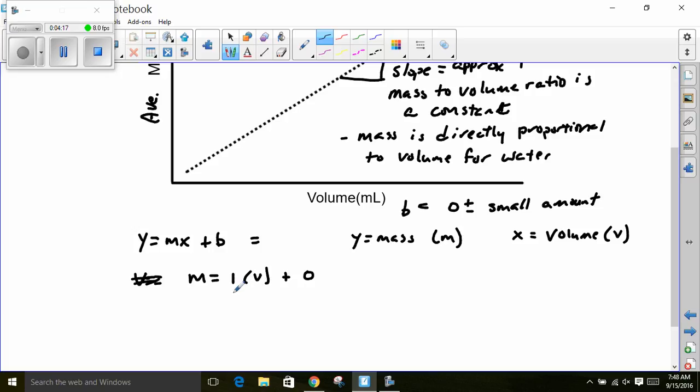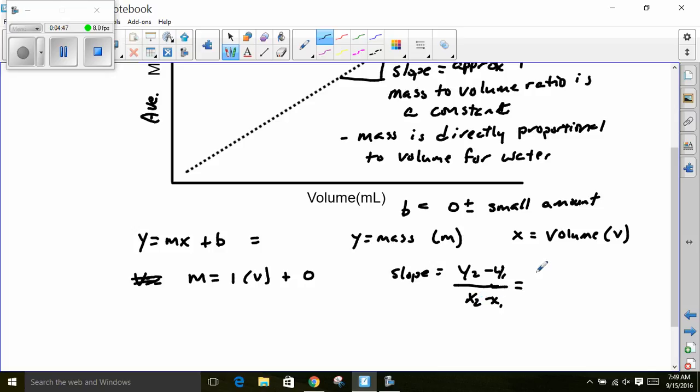Okay. Now, this value, the 1, has units. The unit of the slope, since our slope equals y2 minus y1 over x2 minus x1, or the unit of the y numerator over the x denominator, is going to be the same as the y-axis and the x-axis.